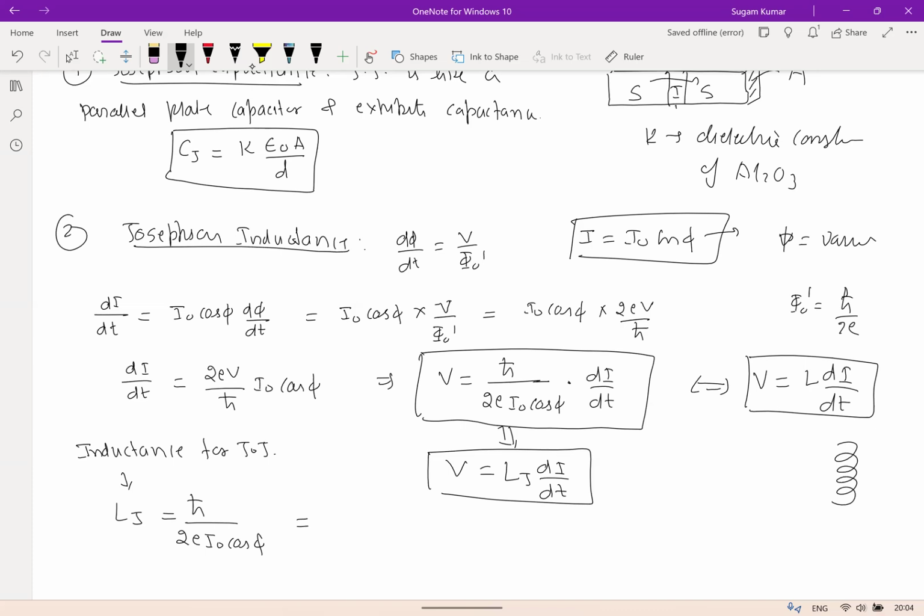Or sometimes we can write it this way also, let us say Lj naught, so all the constant terms I can club together, and cos phi. Where this Lj naught is actually equal to h bar by 2e upon I naught, so nothing but phi naught dash upon I naught.